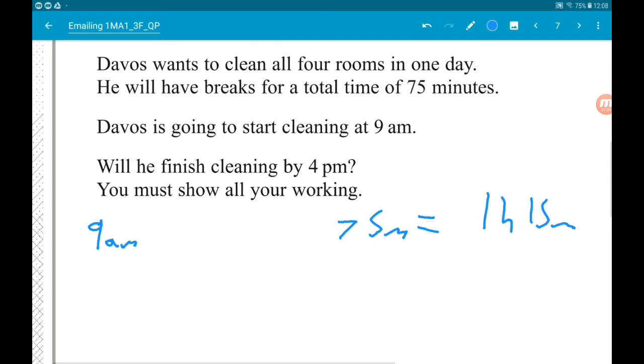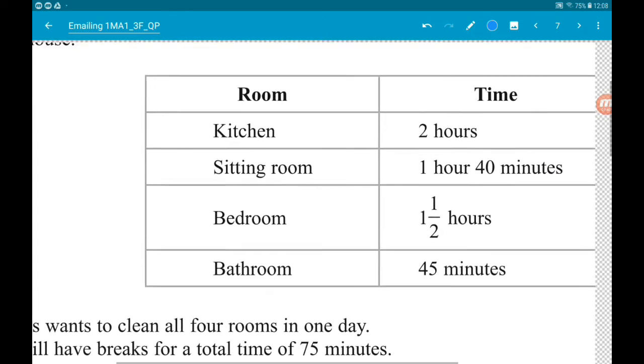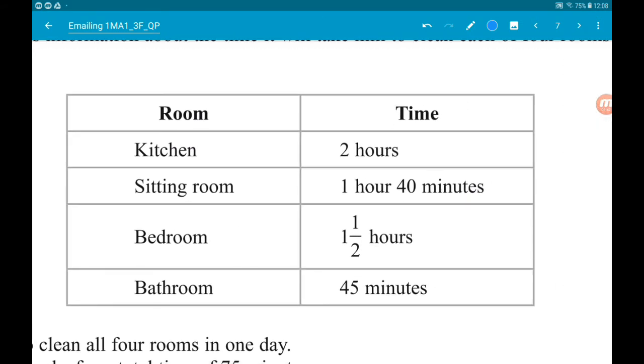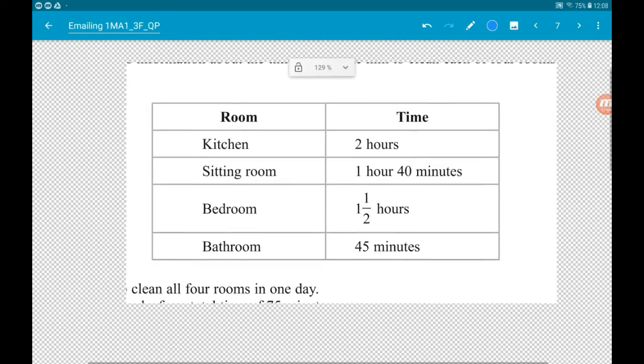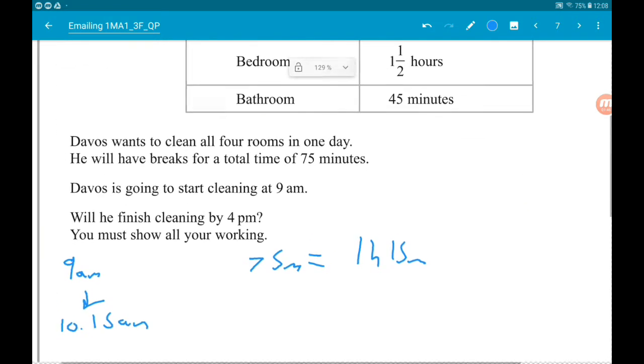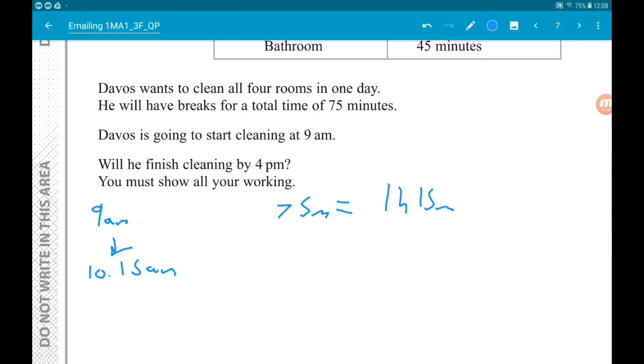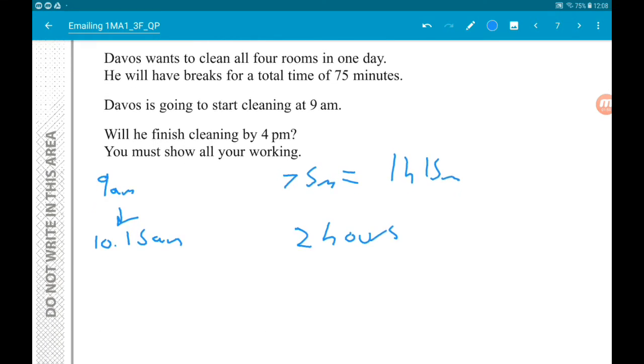So that's going to take us to 10:15 AM. Now the kitchen is going to take him 2 hours. So that's going to take us to 12:15 PM.